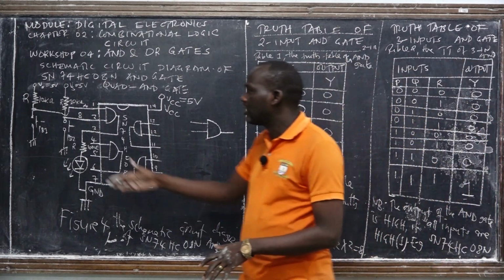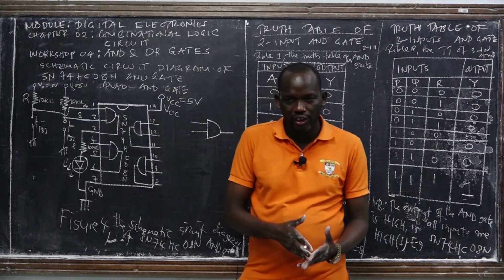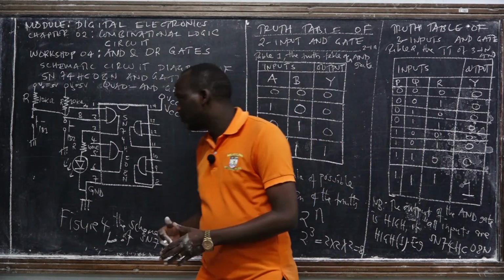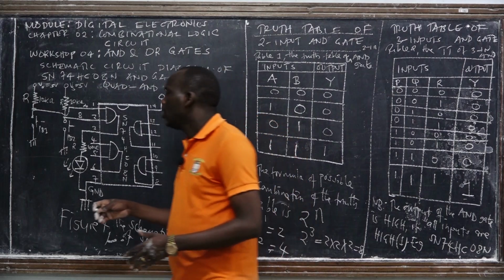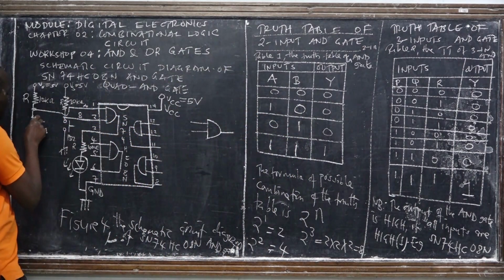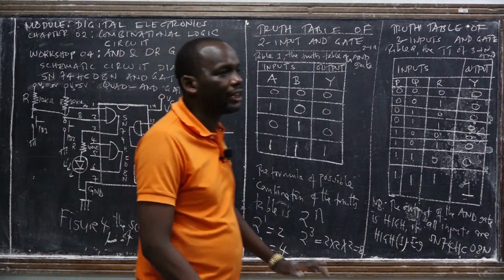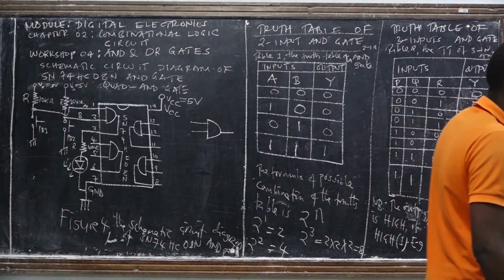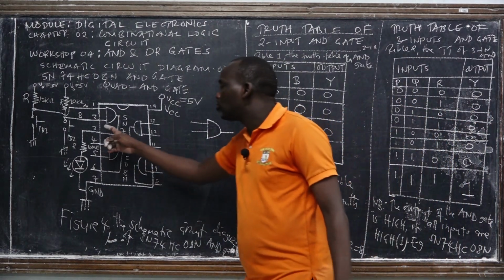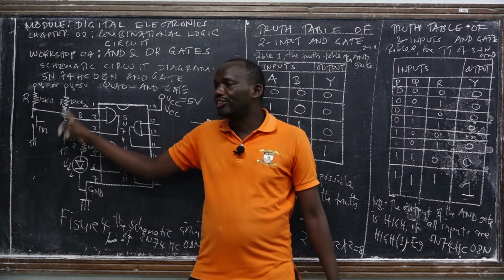I have talked about the pull-up resistor network. Pull-up resistor network, where we just need to connect the resistor and the push button. Because we have 2 inputs, we need 2 resistor networks.